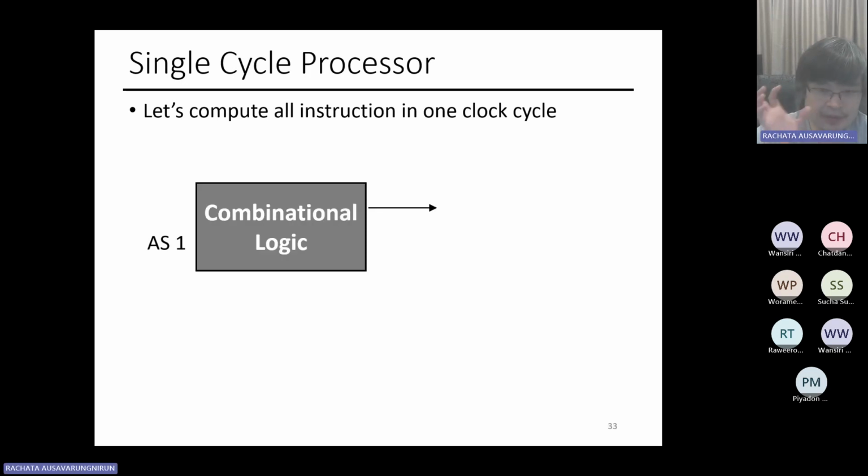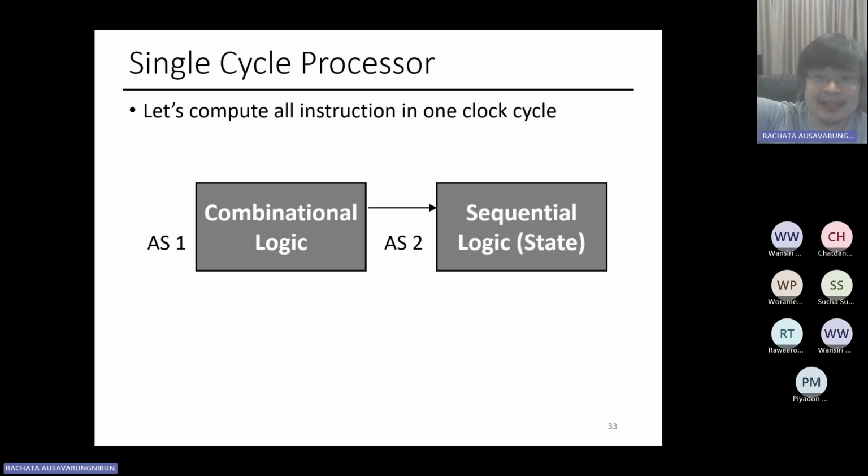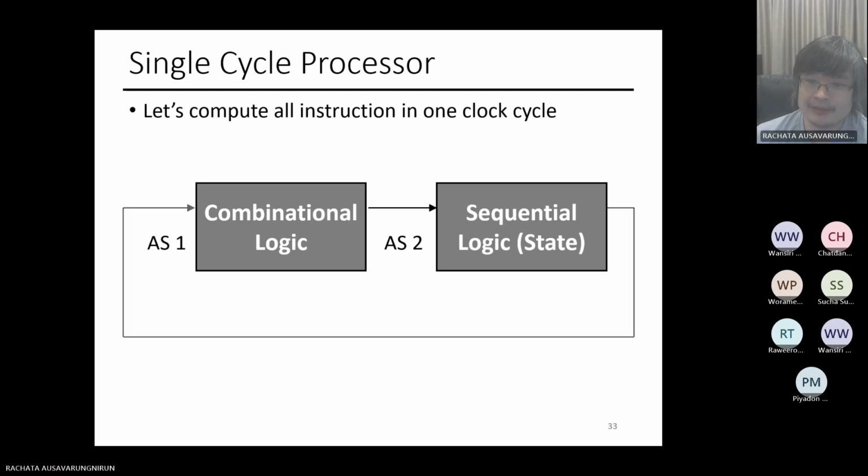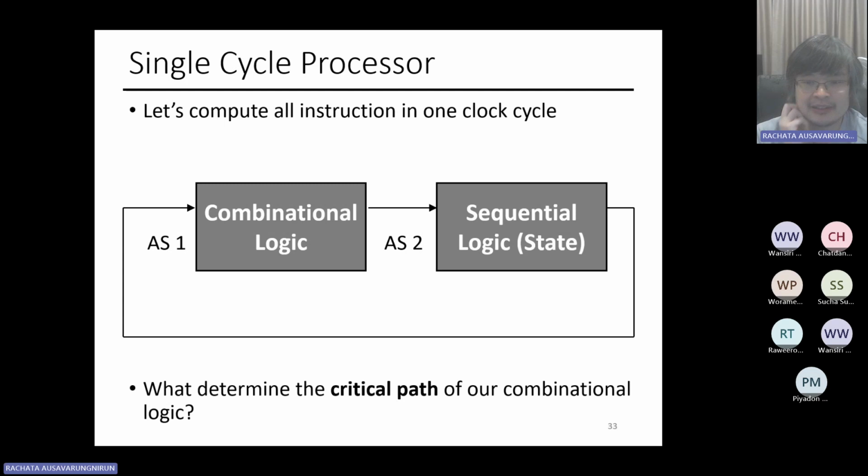So AS1 first goes to combinational logic to make sure I have the result. Then you get to AS2. Then AS2 goes through the sequential logic to save the state, and repeat.